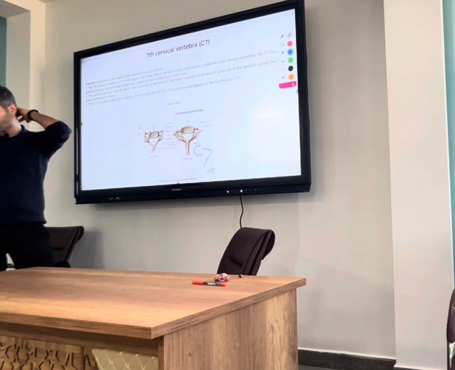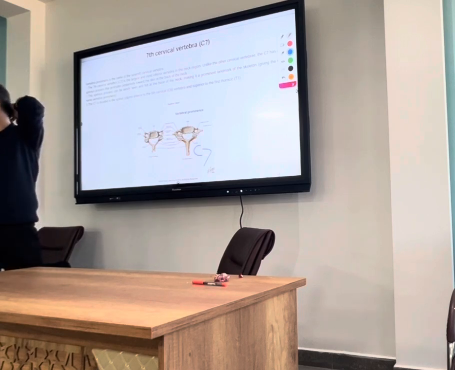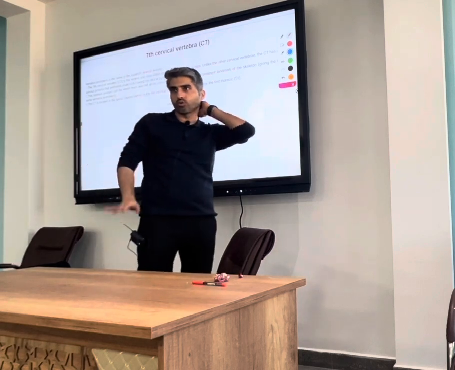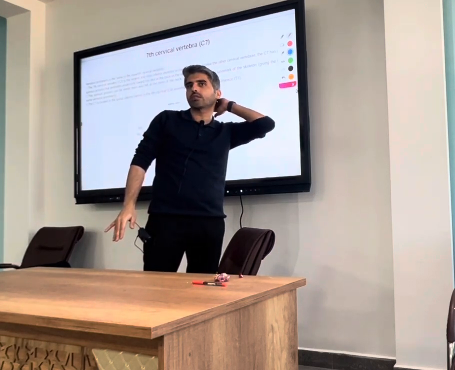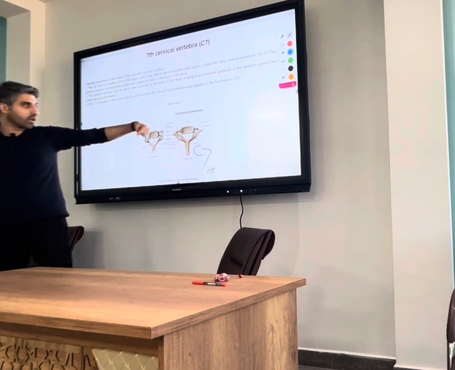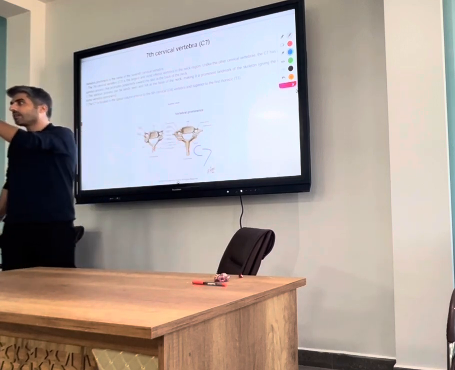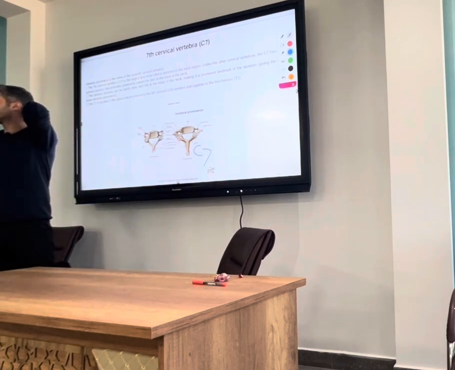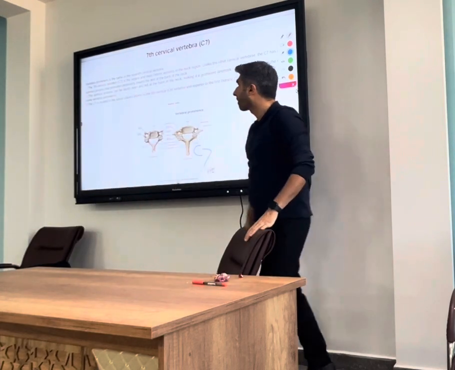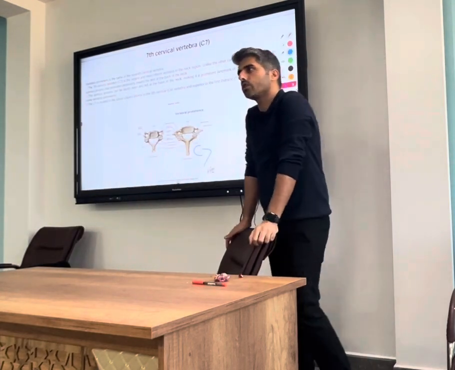So from C7, you can touch the spinous process. But C1 to C6, you can't. It's muscle and ligaments. Because C7 is very long and single, you can touch it. So this is the cervical region.